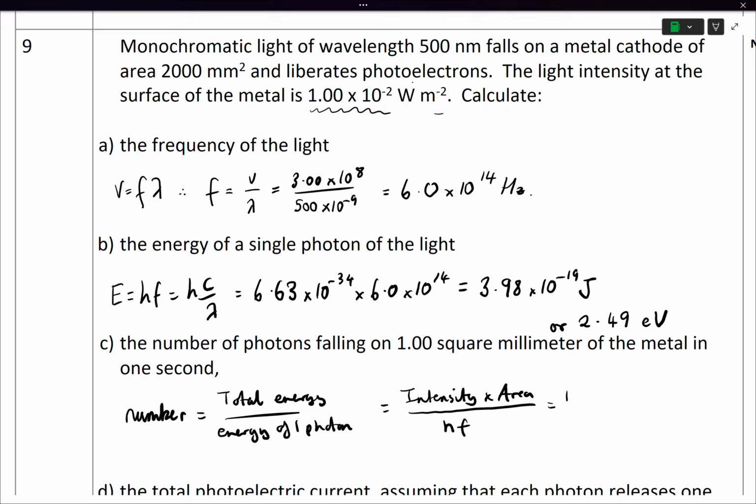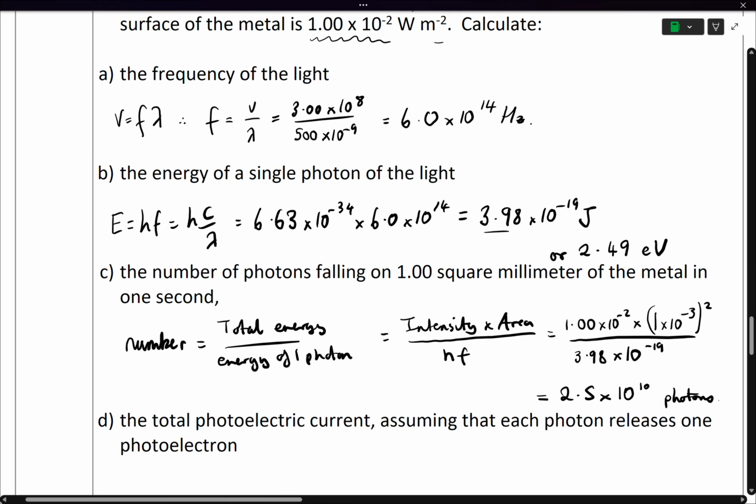So the intensity is 1.0 times 10 to the minus 2 multiplied by the area of 1 millimeter squared, so 1 times 10 to the minus 3 squared, divided by the photon energy, but we worked that out already up here, so we don't need to do that again. 3.98 times 10 to the minus 19 joules, which tells me there are 2.5 times 10 to the 10 photons arriving at each square millimeter per second.